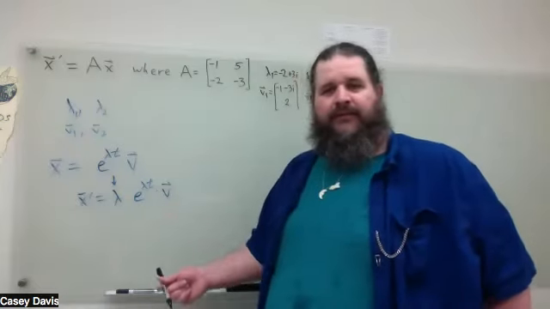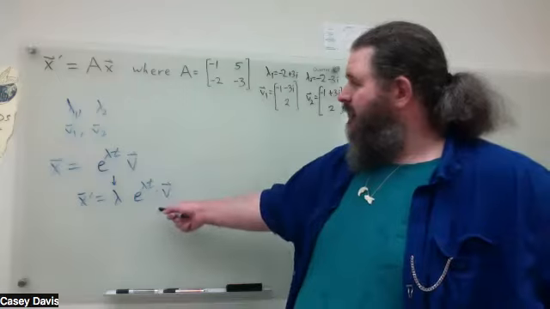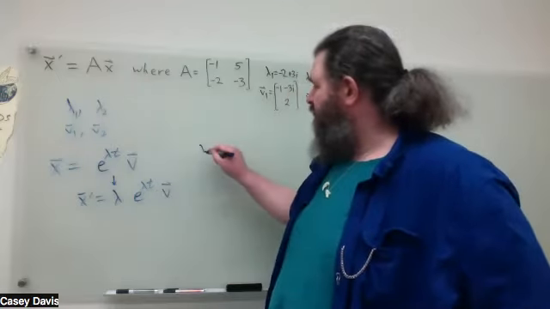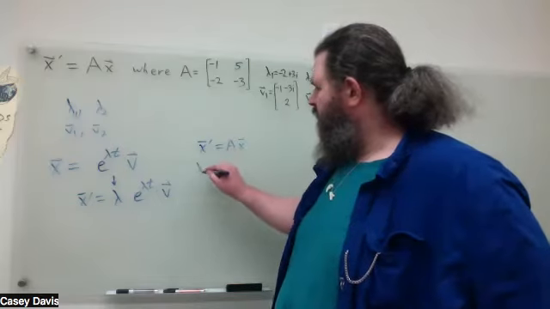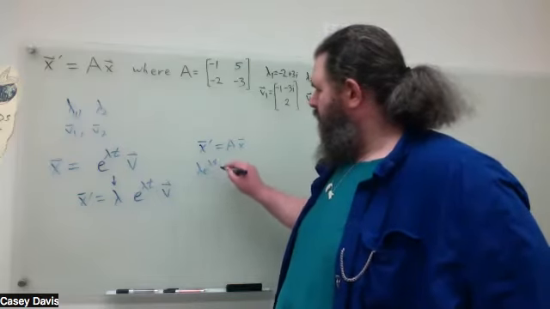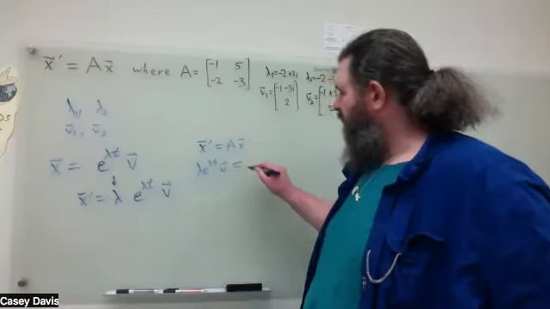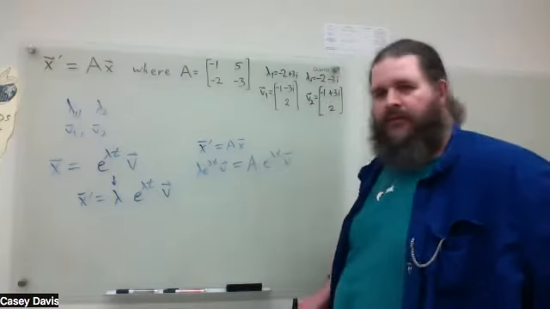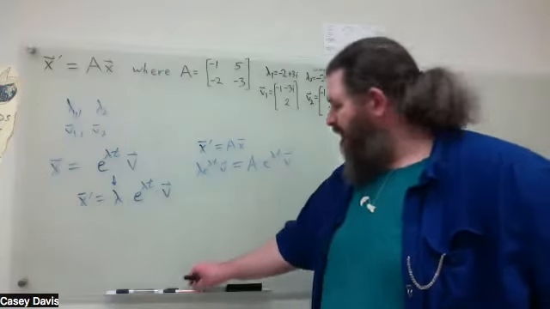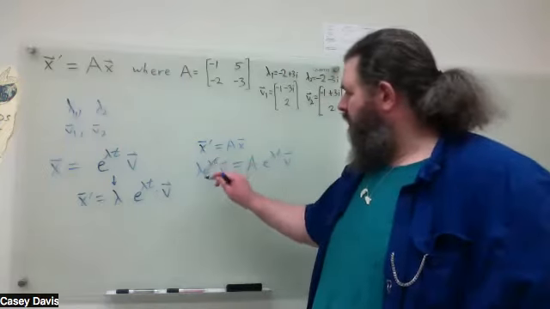So that's our derivative. If we fill in our guess and our derivative into the original differential equation, the derivative has to equal A times our guess. We could divide both sides by e to the lambda t and cancel that out.